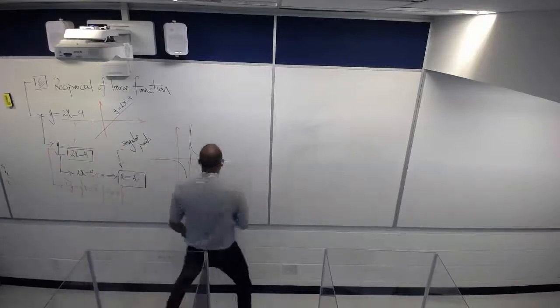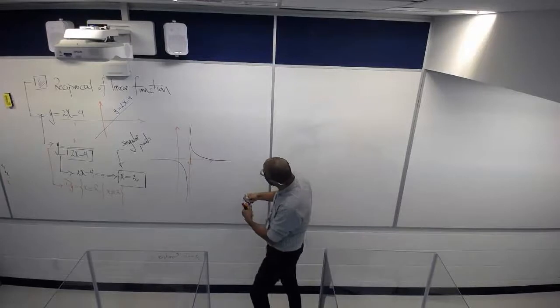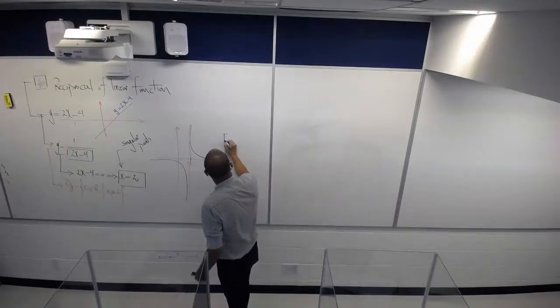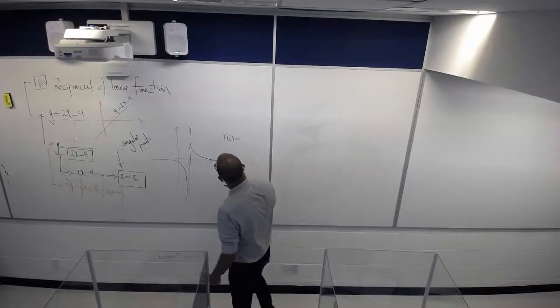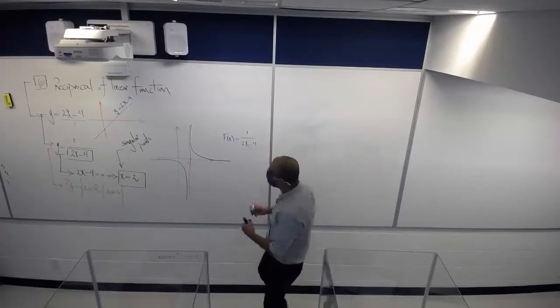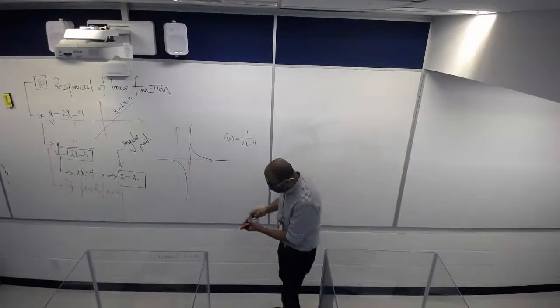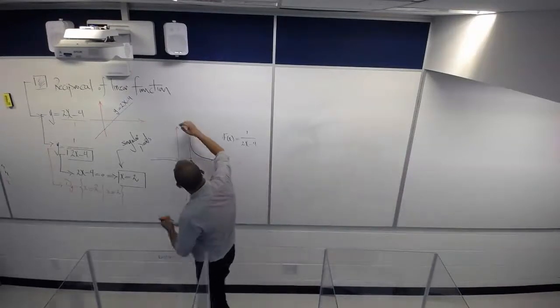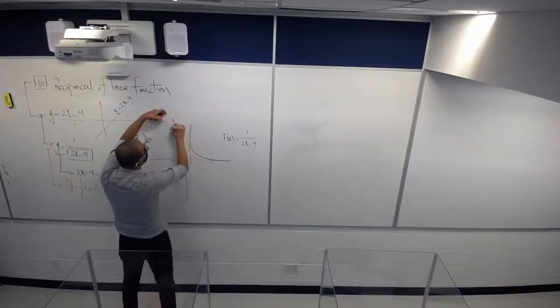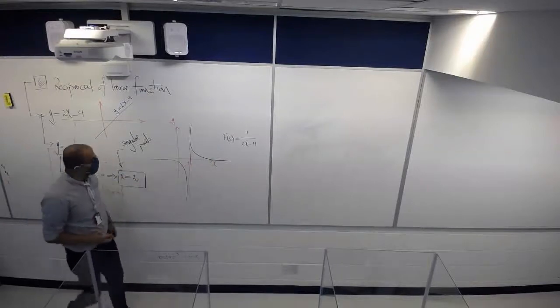The blue line is essentially the function f of x equals 1 over 2x minus 4. That's the blue line. Now, look at what has happened now. That's the time that now we are just going to make the lemonade, and this is the point x equal to 2.